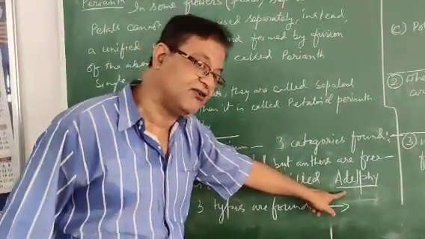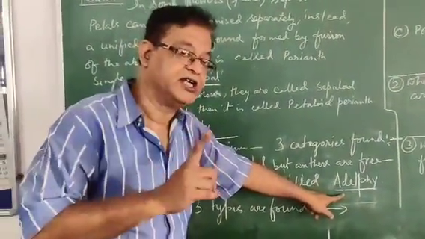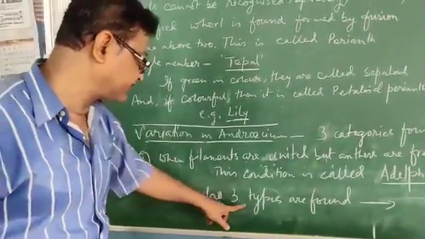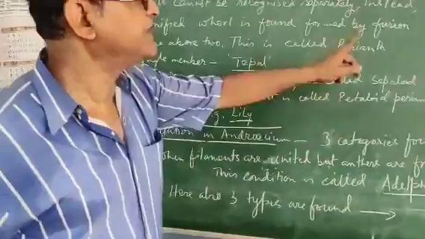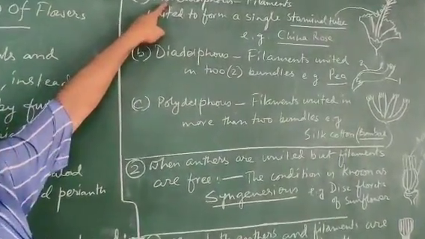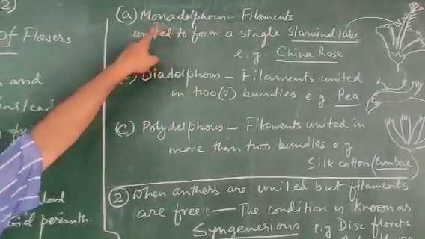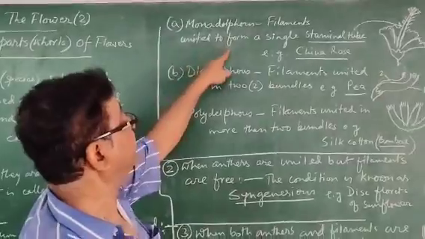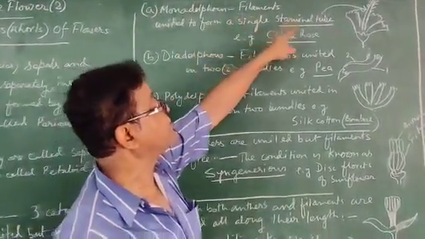The flower is called adelphous and the condition is called adelphy. In adelphy there are three types. First type is monadelphous stamens. Monadelphous, mono means one: filaments united to form a single staminal tube.